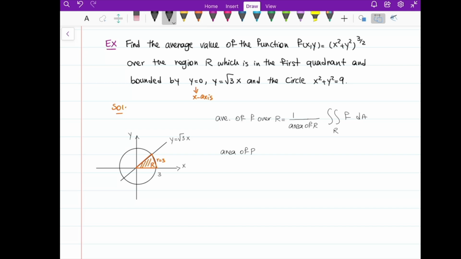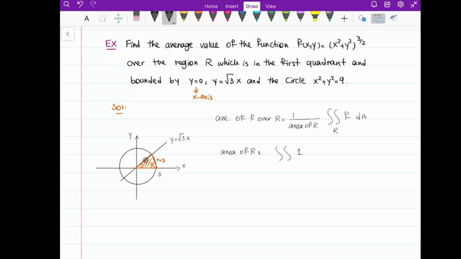How do I do that? Well, I know that to find the area of a region R, I can use the double integral of 1 dA.